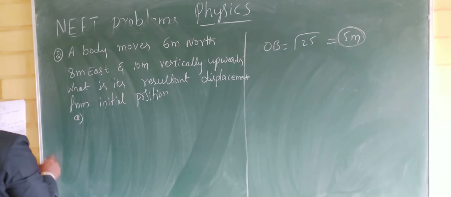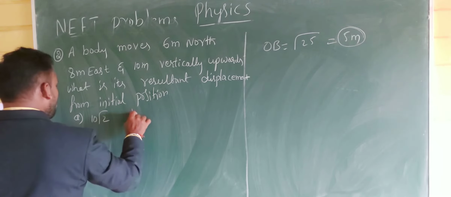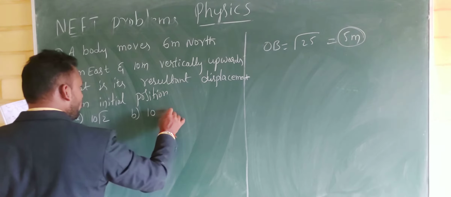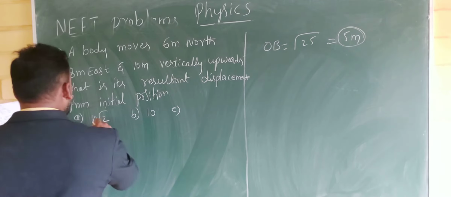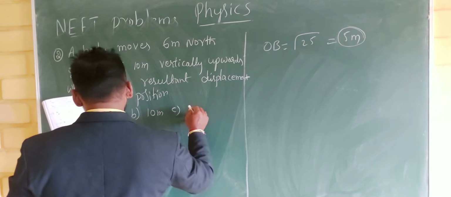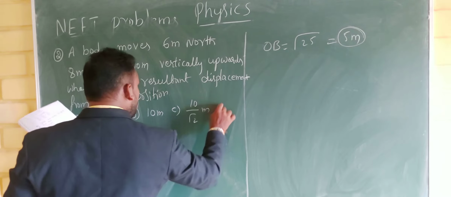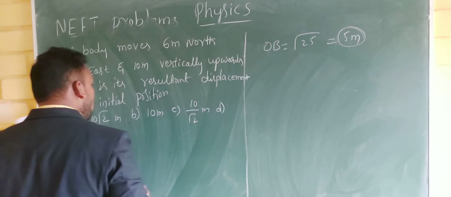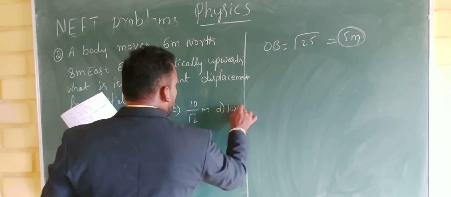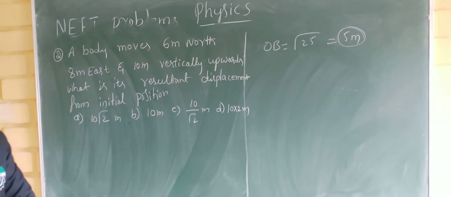Options: first one 10 root 2 meter. Option B 10 meter. Option C 10 by root 2 meter. Option D 10 into 2 meter.